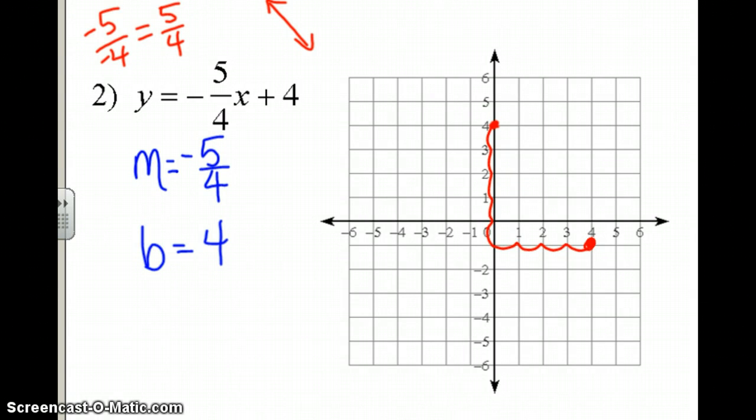So there's my point right there. If I can plot another point, I would highly suggest that you do so. I would prefer 3 points on a graph, but if you can only fit 2, then you can only fit 2. Nothing you can do about it.